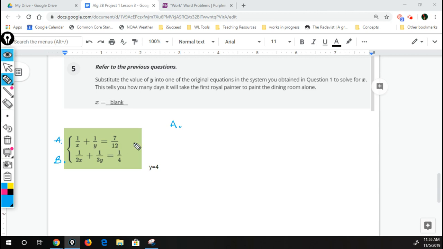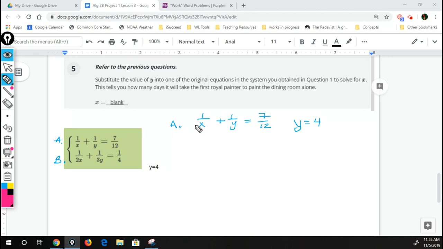I just called it equation A so that I could talk about it, which is 1 over x plus 1 over y equaling 7/12. And we're going to use the information that we know of y equaling 4. My little preference before I even substitute is to clean up this equation as best as I can, by getting rid of the fractions, which you've seen me do a couple of times already in this video.